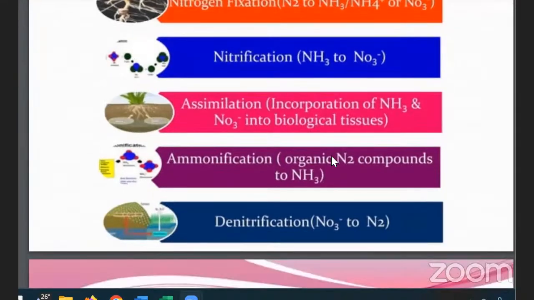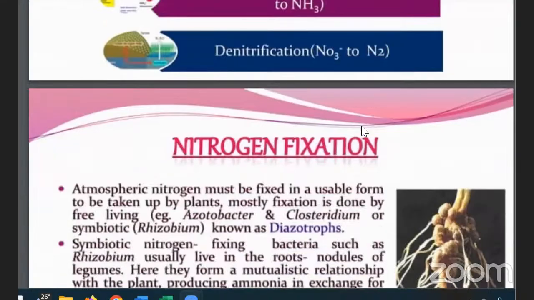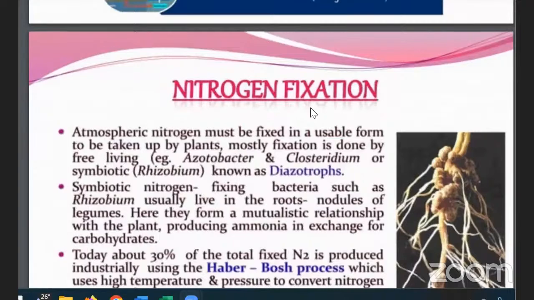Then assimilation, incorporation of ammonia and nitrates into biological tissues. Then ammonification, that is organic nitrogen compounds finally converted into ammonia. And then the final step is denitrification, wherein the nitrites and nitrates are converted back to nitrogen.